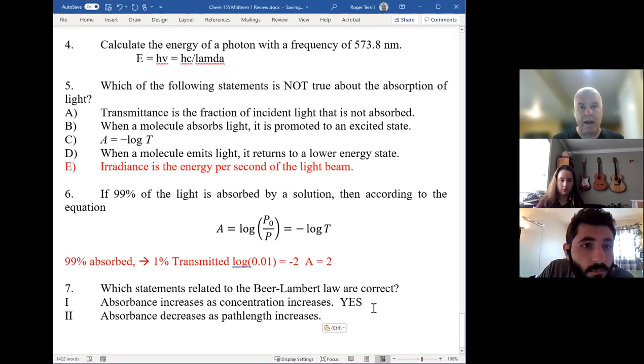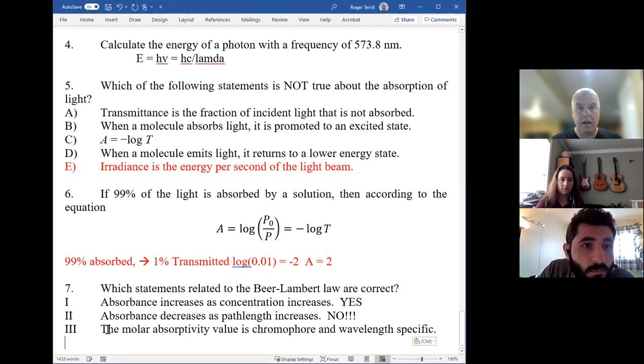Absorbance decreases as path length increases. No. Molar absorptivity value is chromophore and wavelength specific.